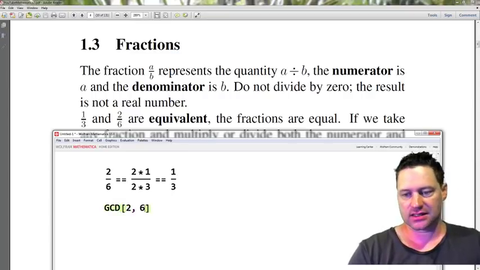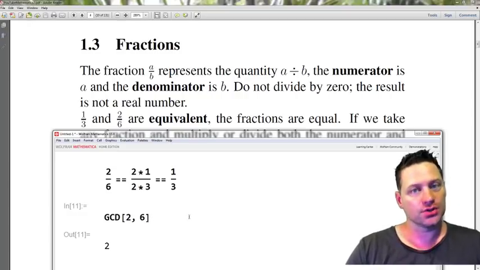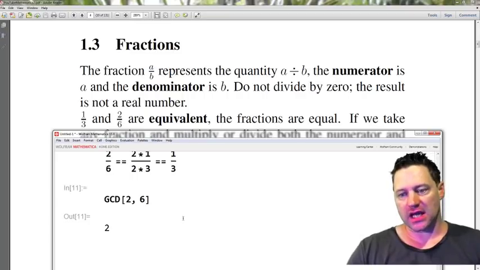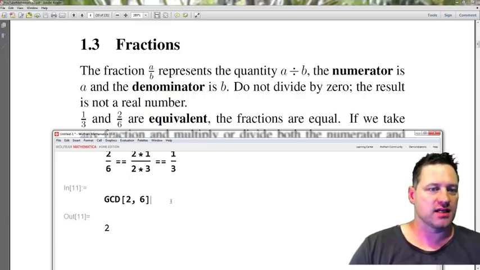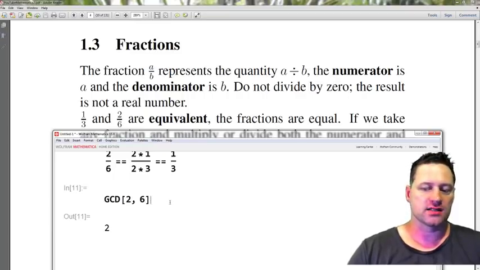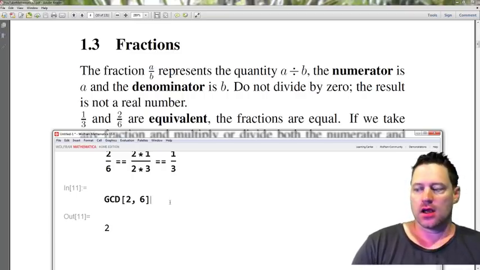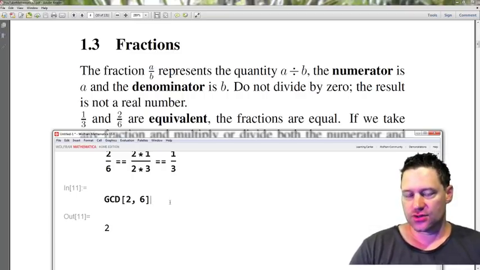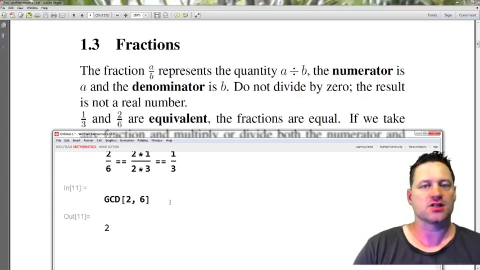2, 6, shift enter, and we see that the greatest common divisor of 2 and 6 is equal to 2. So what does that mean? It means that 2 divides into both of these with 0 remainder. 6 is divisible by 2, 2 is divisible by 2, and not only does 2 divide into both of these numbers, it is the greatest such possible number.